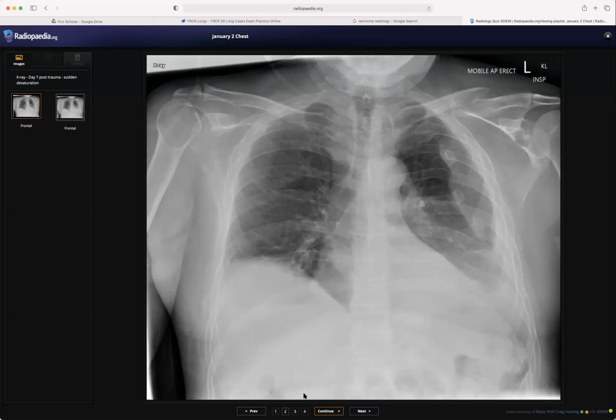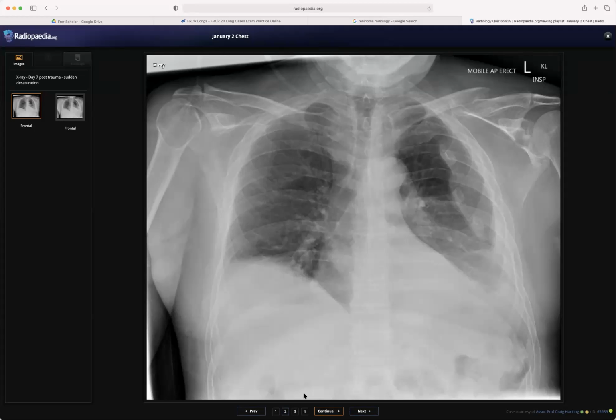And I'm looking at the cardiomediastinal contour, which is appearing normal, and also on the left side there is haziness in the left mid and lower zone, which could be due to the left pleural effusion and lung injury as a part of the initial trauma.